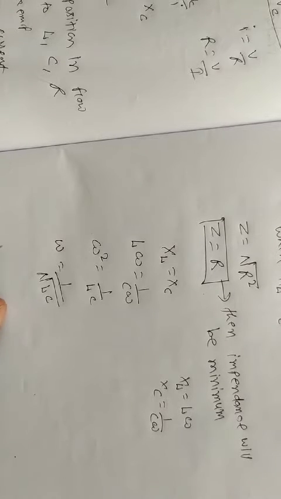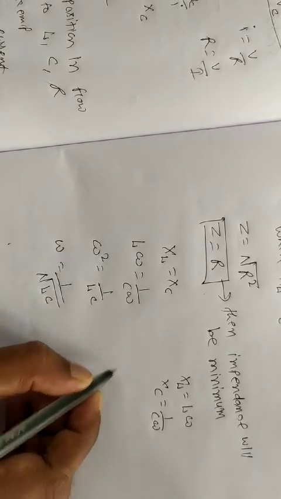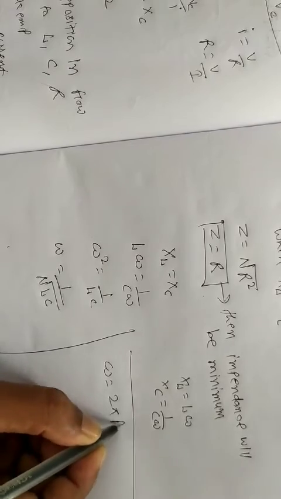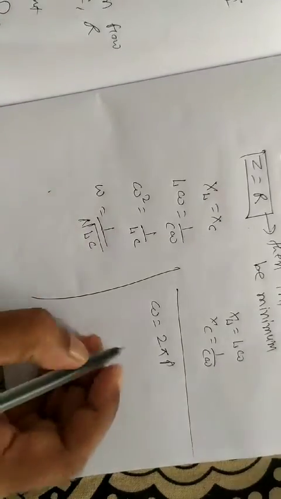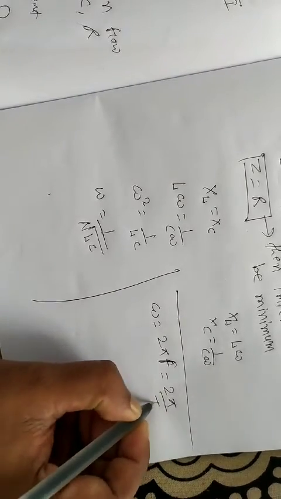So what will be frequency? If suppose we talk about the frequency, we know that omega is equal to 2 pi f, or omega is equal to 2 pi by T also.